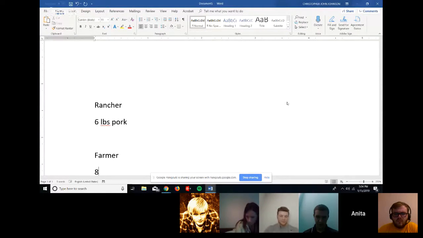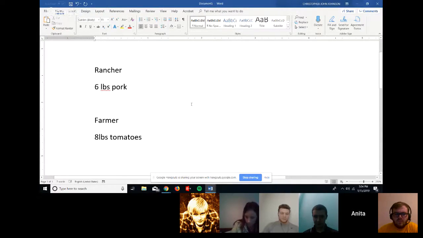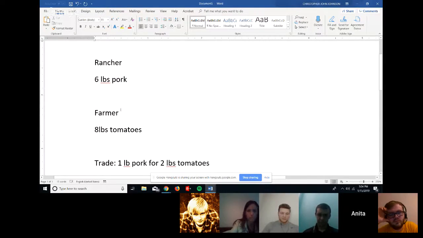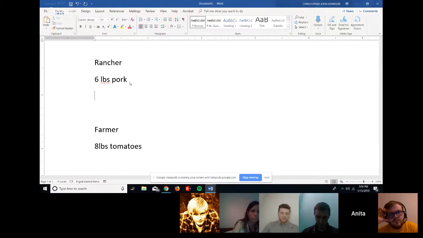Farmer has 8 pounds of... Okay. And then the trade is what is it? 1 pound of pork for 2 pounds of tomatoes, right? So how many pounds of pork are you guys saying he would share for it to be?